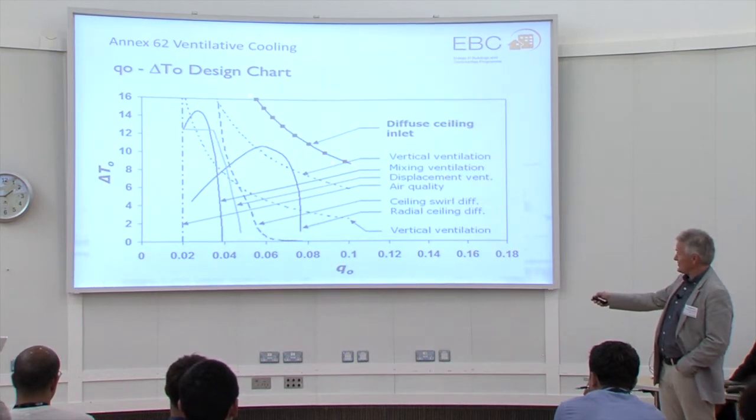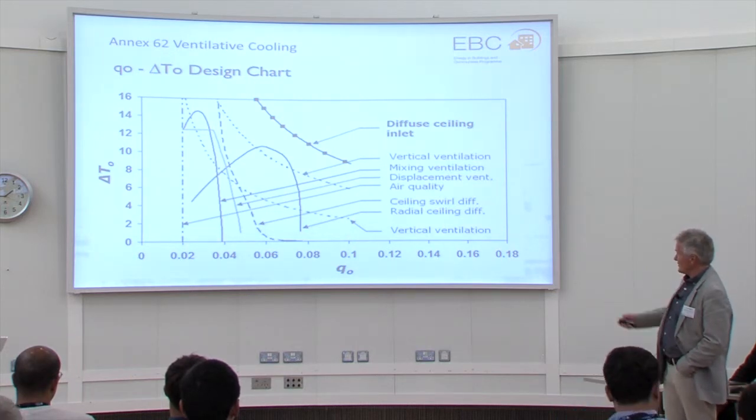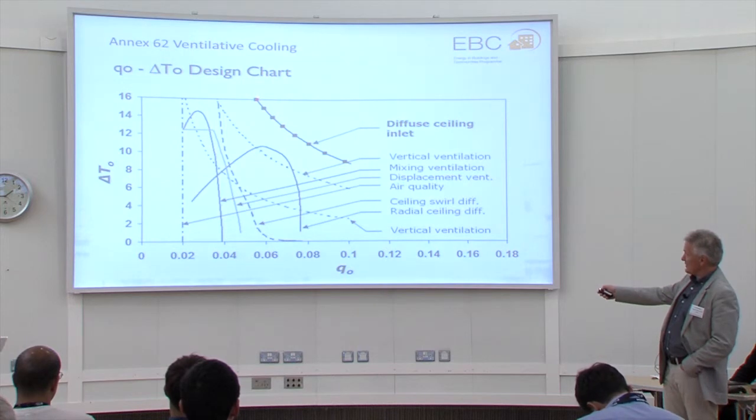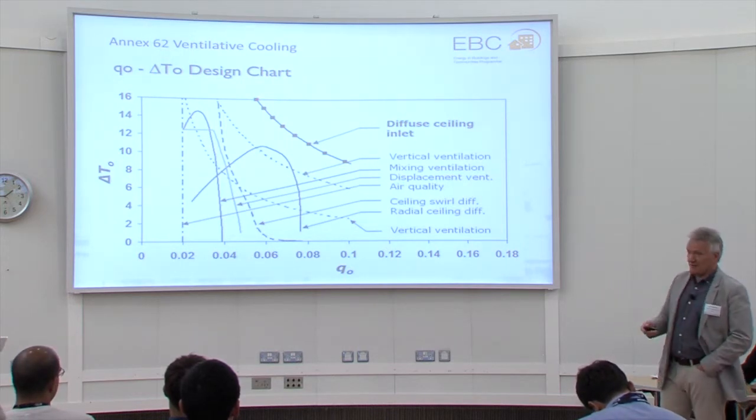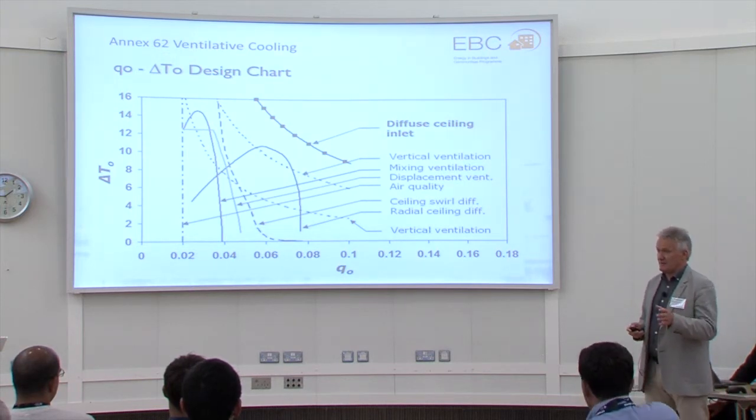So we didn't test for temperature differences higher than 16 degrees, and this was the maximum flow rate we tested it with. So we actually have not seen what the borders are. Now we are doing experiments with temperature differences up to 30 degrees to see if it still will work properly or provide comfort even if the temperature difference is 30 degrees.